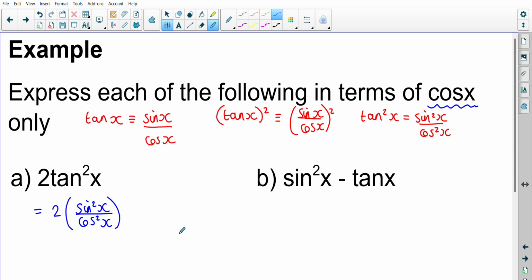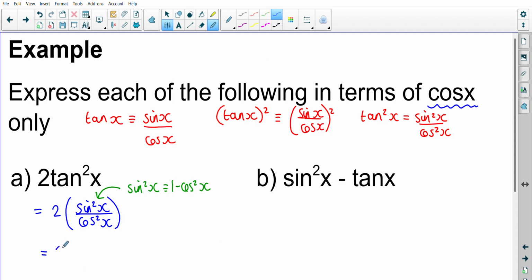And I still need it in terms of cos x. Well, the denominator's fine, but I need the sine squared x to go. So if you spotted it, this can be written as 1 minus cos squared x. I've just rearranged the first identity that we saw.